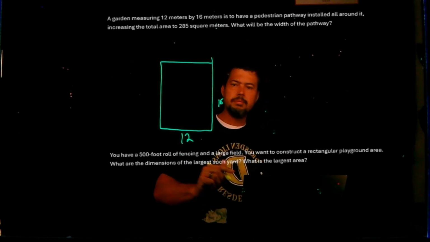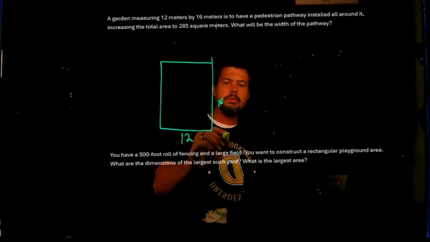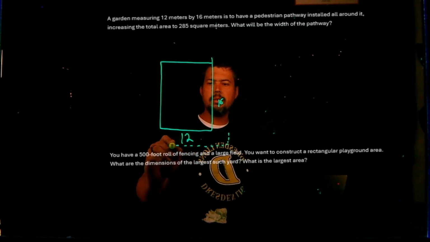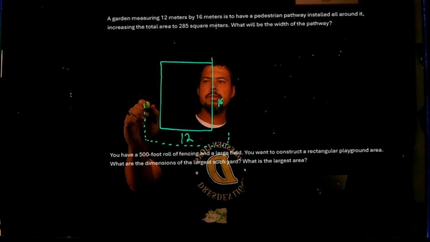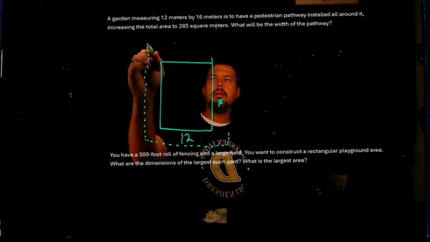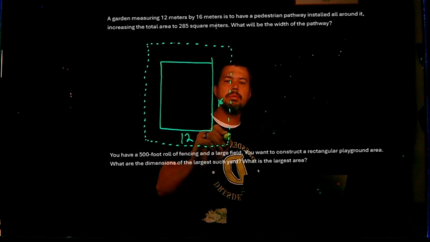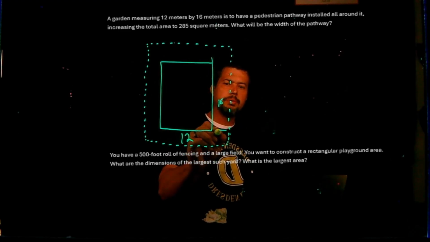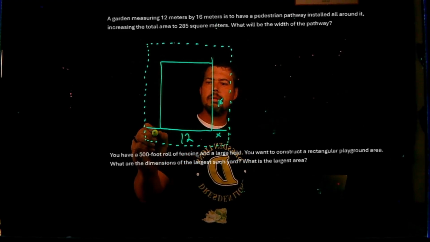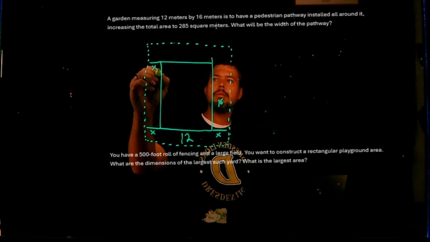Now, what they're going to do is install a walkway around it, and we're going to make the assumption that it's pretty much a regular figure. In that, we're increasing by x.